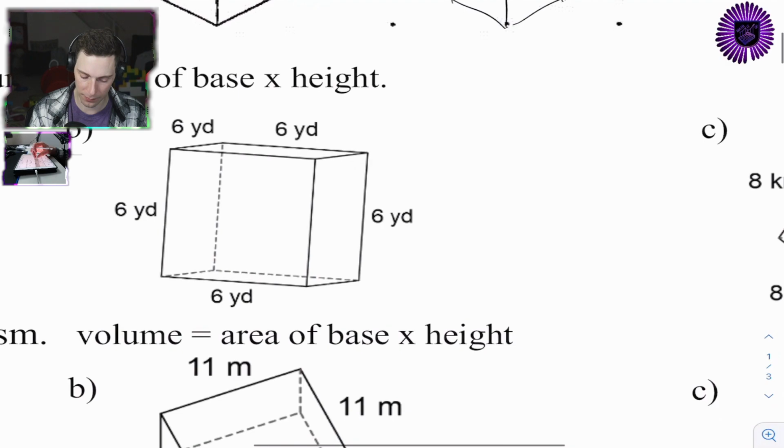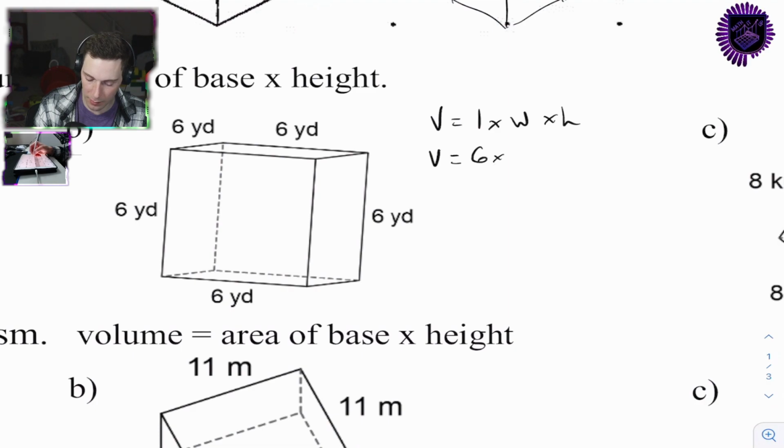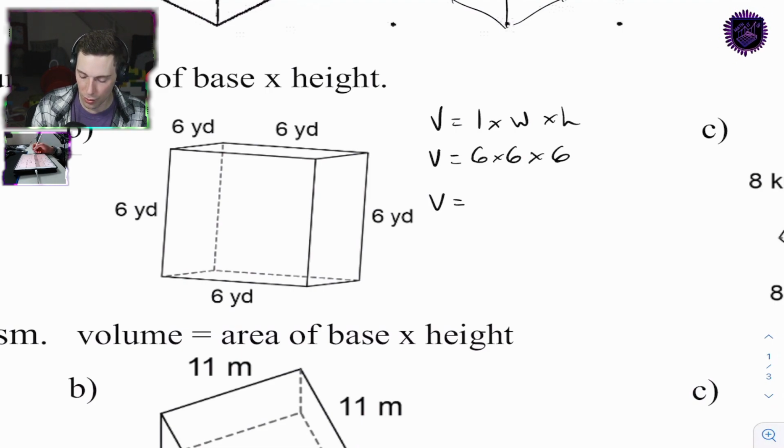Next question. Volume will be equal to the area of the base, which will be length times width, times the height. So our volume will be equal to 6 times 6, length times width, times our height, which is 6. They're all 6s. So volume will be equal to 36 times 6.